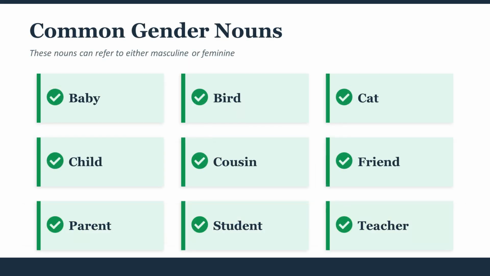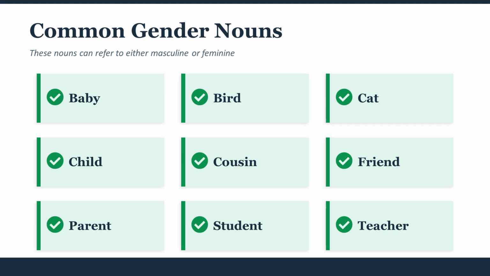Now here is something very interesting. Not all nouns have a separate masculine and feminine form. Some nouns are called common gender nouns. These are words that can refer to either a male or a female. Let us go through them. Baby, this word can refer to a baby boy or a baby girl. Bird, this word can be used for both male and female birds. Cat, a cat can be male or female.